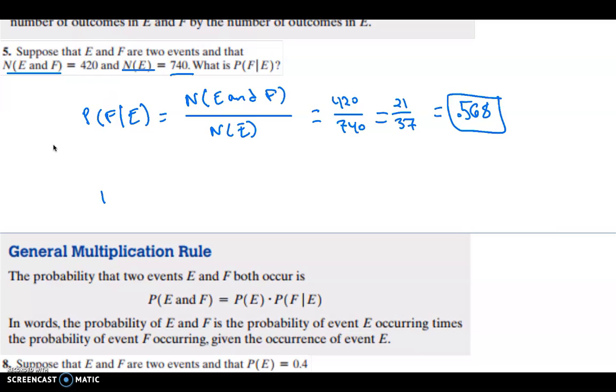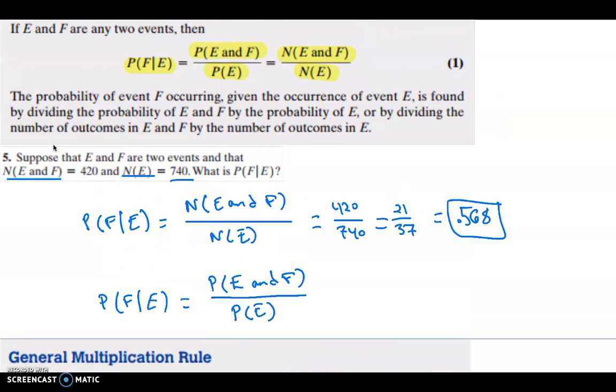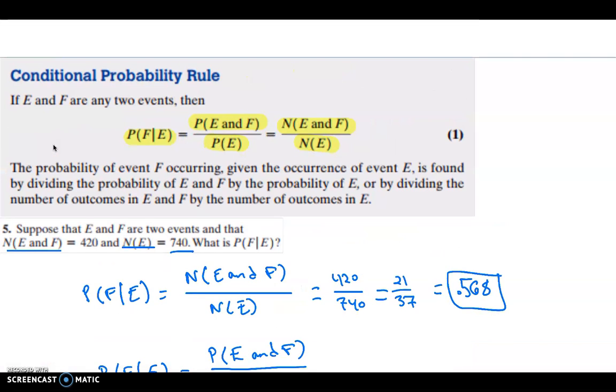Now notice the probability of F given E equals the probability of E and F over the probability of E, just from this rule right here.